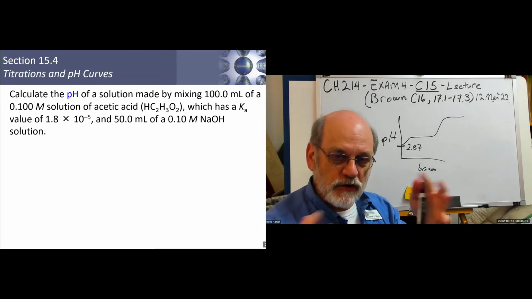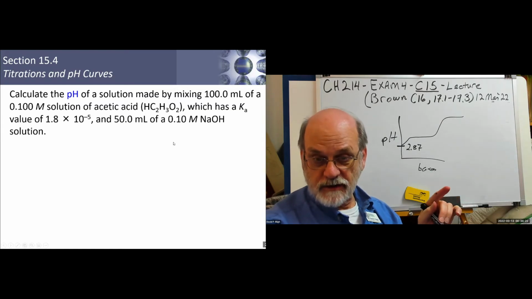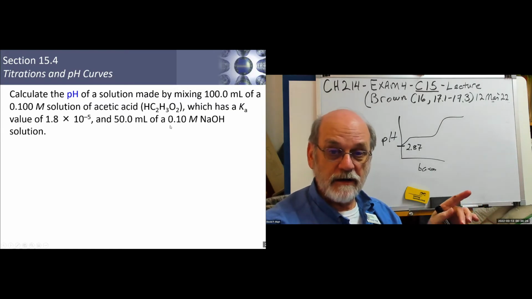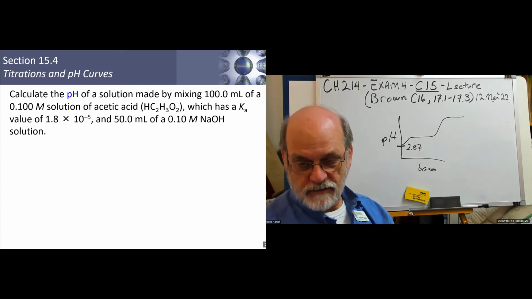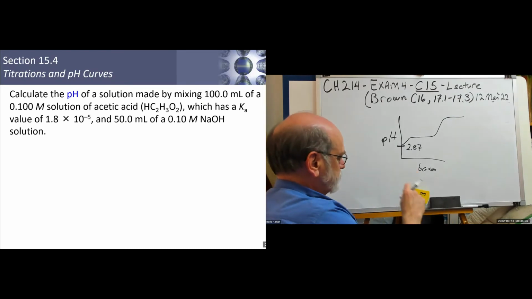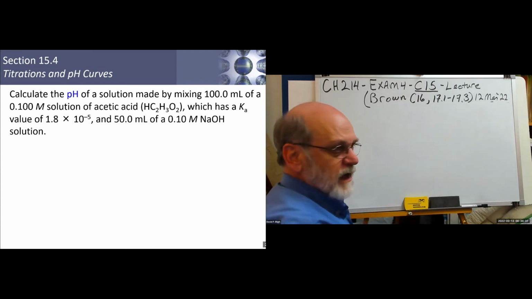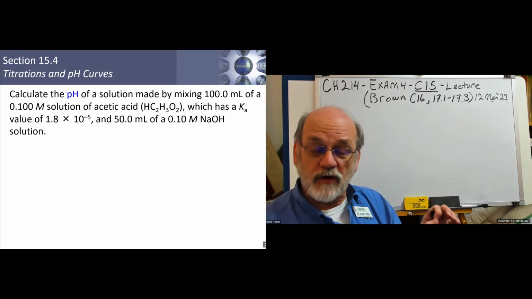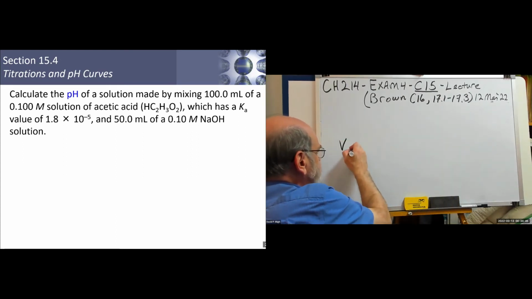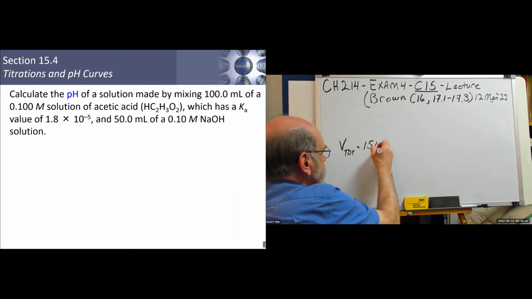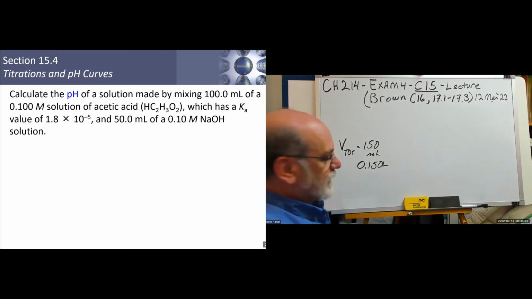So if we mix these two solutions together, their initial concentration is going to change, right? 0.1 molar sodium hydroxide would produce how many moles of sodium hydroxide? Well, what's the total volume? Total volume is now going to be 150 milliliters, or 0.150 liters.